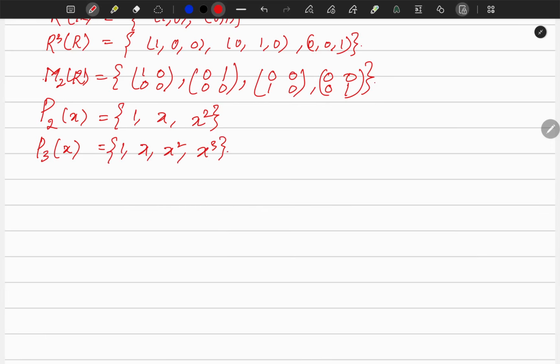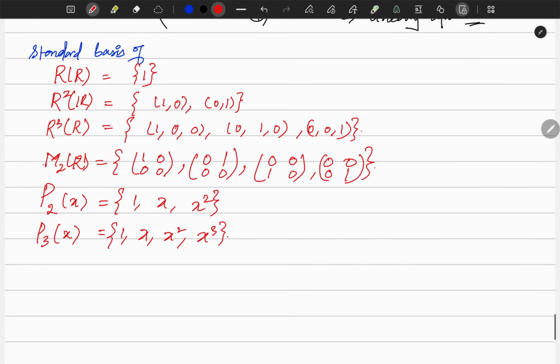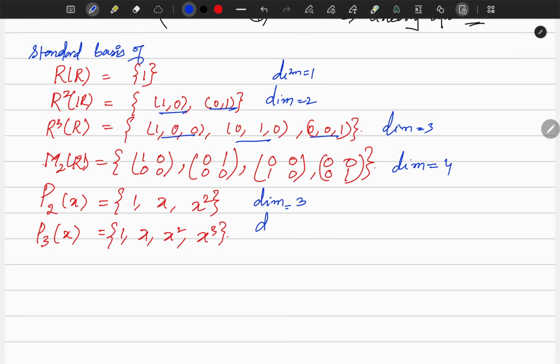Similarly P4 and so on. So the dimensions are 1, 2 because you have only 2 vectors, 3 because you have 3 vectors, and 4. The others are also 3 and 4.